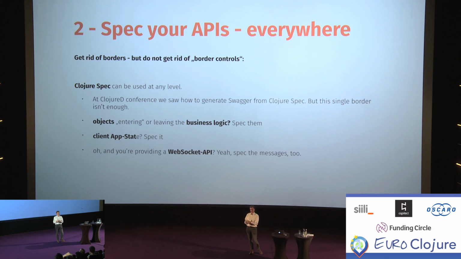We need to spec the WebSocket messages we're exchanging, of course. And we need to document it for others to use our services. But if we leave this part away and reach directly into the business logic or directly into the app state of the front end, we should also have specs for those.